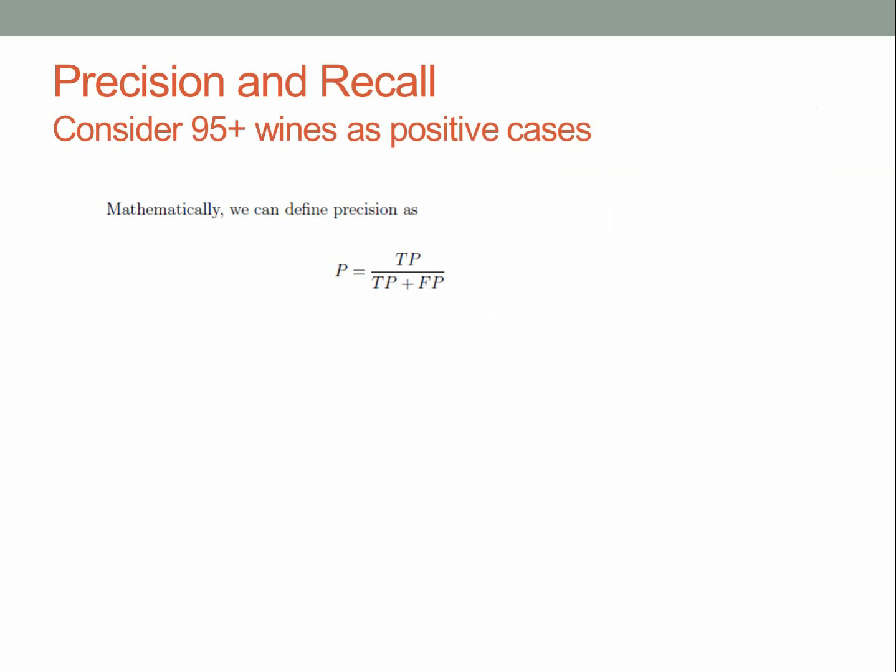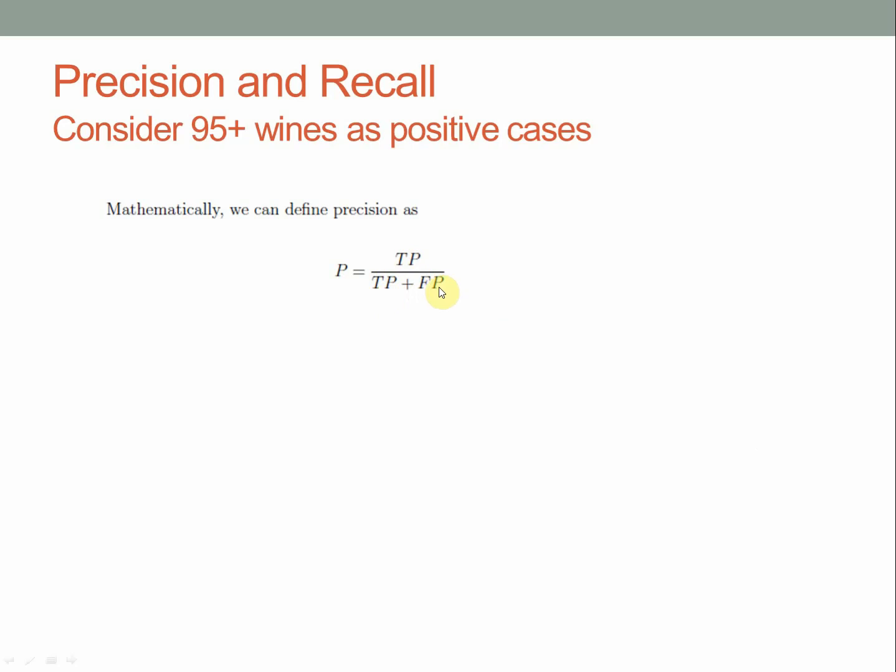Therefore, the two most important evaluation metrics used in this chapter are precision and recall. So what is precision? Precision is the true positive divided by true positive plus false positive.